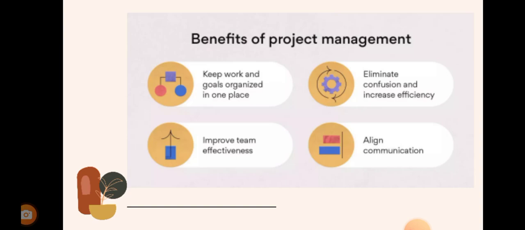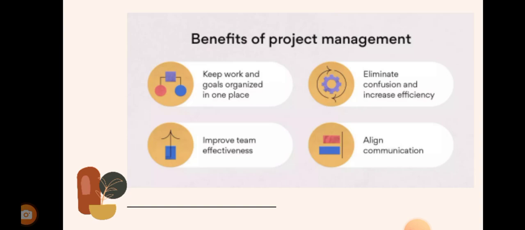Next, eliminate confusion and increase efficiency. The planning in project management eliminates confusion about which tasks are not yet accomplished, because first you list the tasks needed to be accomplished so that your project is also accomplished.